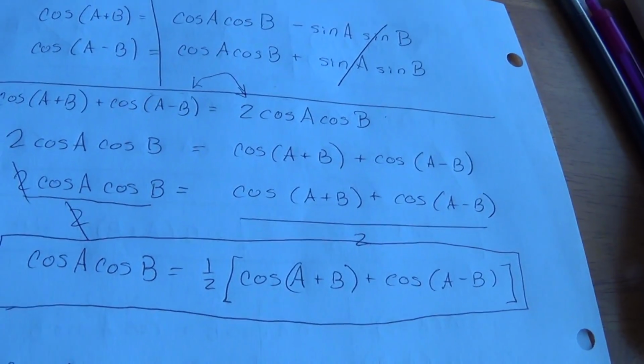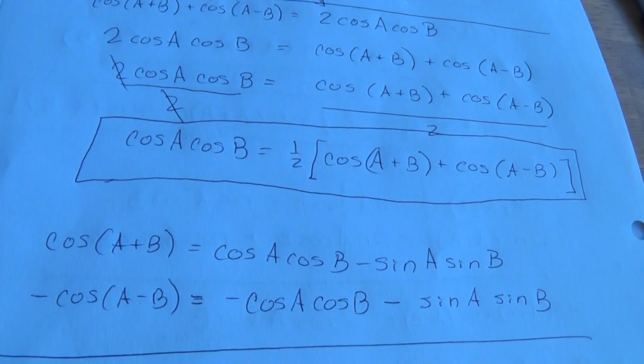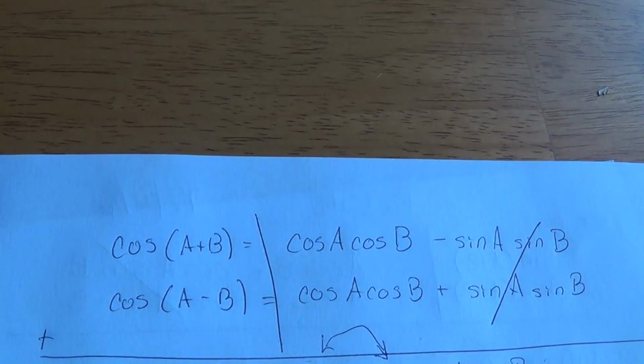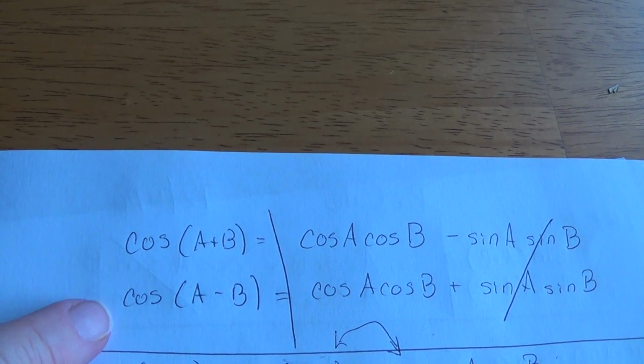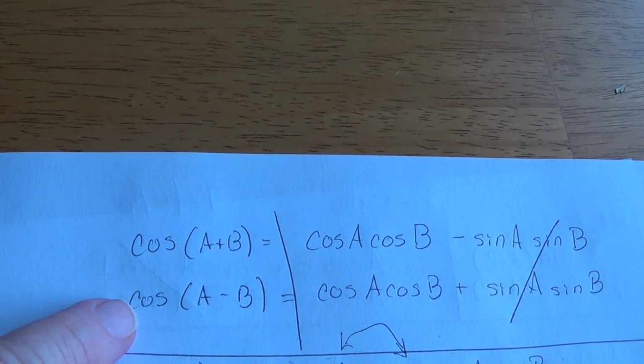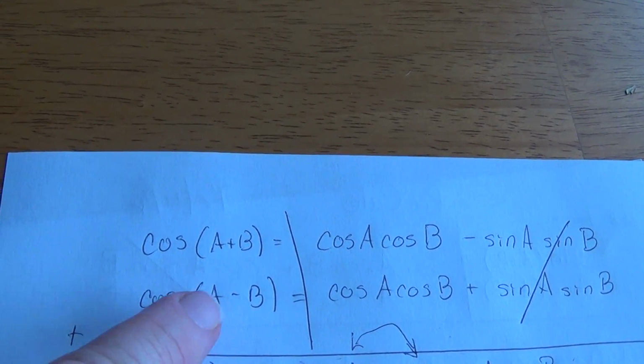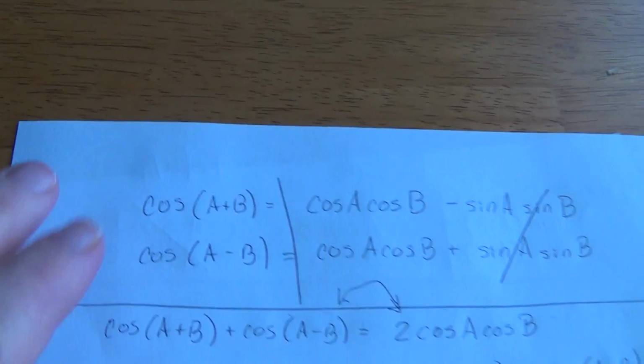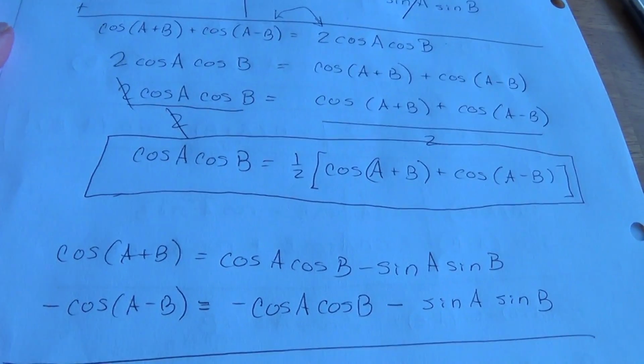Here's the fourth. We're going to start with the same ones that we had up here, only I'm going to multiply through by -1 on this second one, creating opposite signs across, and it looks like this.